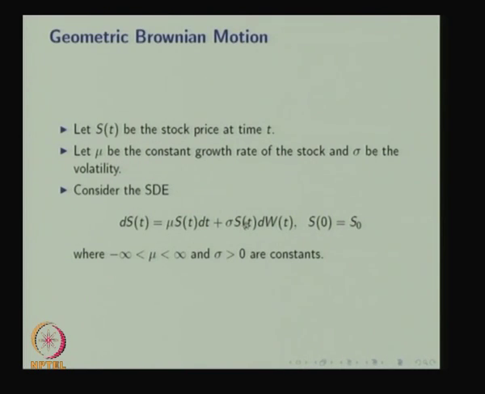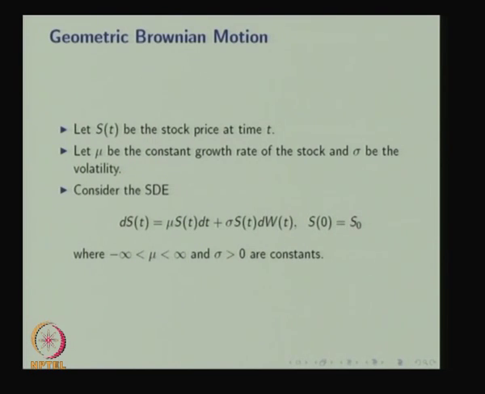Here we made the assumption that sigma, the volatility, is a constant, but in the real world scenario the volatility is not a constant. For this particular Black-Scholes model we have chosen volatility as a constant. In general, volatility is a random variable, therefore over time it is also a stochastic process.